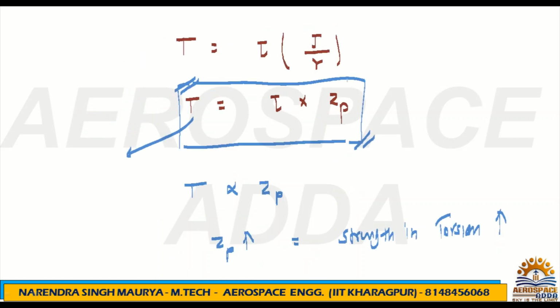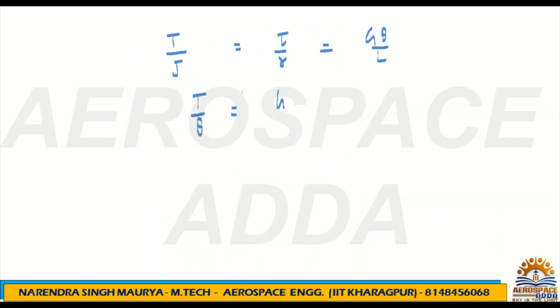So now I am making combination, I need to write T by J is equal to G theta by L. So what we will have, T by theta is equal to GJ by L. Okay, now listen.